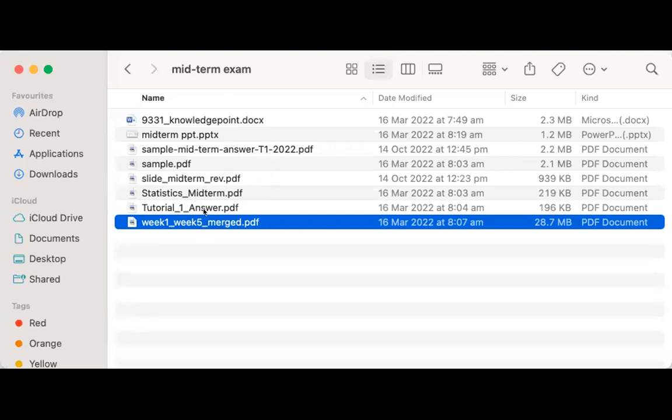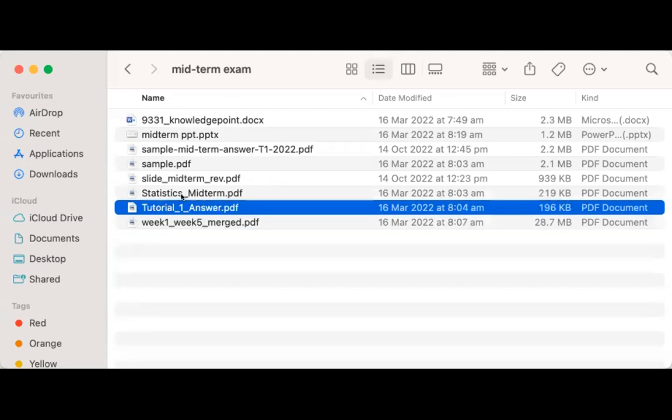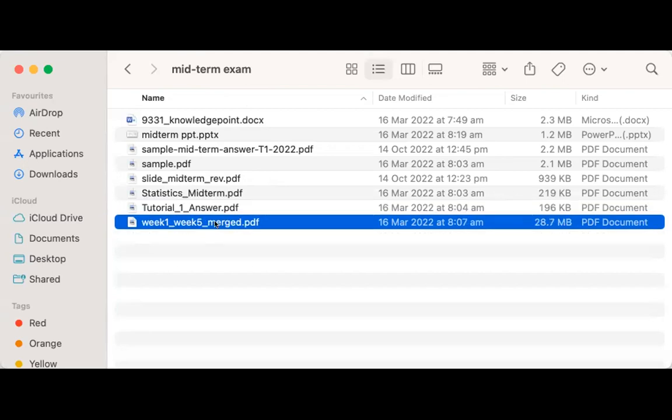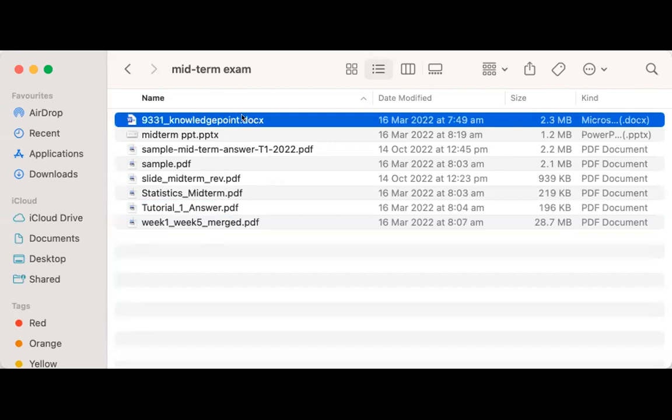So you will find it in the GitHub link. It includes the answers of tutorial 1 and the merged file, and the knowledge points could be useful. Let me try to open it.